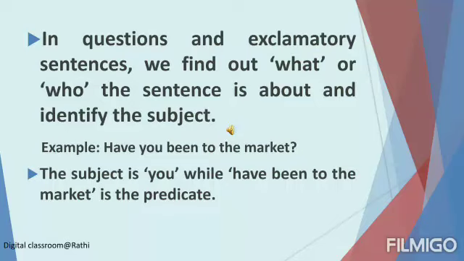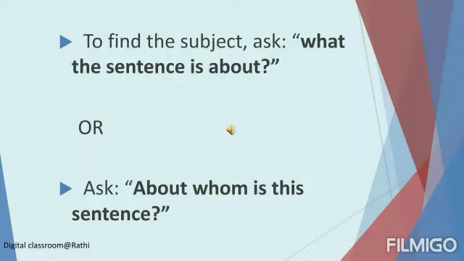Here the subject is you, while have been to the market is the predicate. Okay, fine. Now, how can you find a subject in a sentence? To find the subject, ask what the sentence is about or about whom the sentence is.